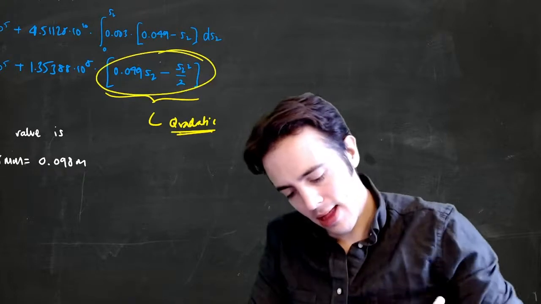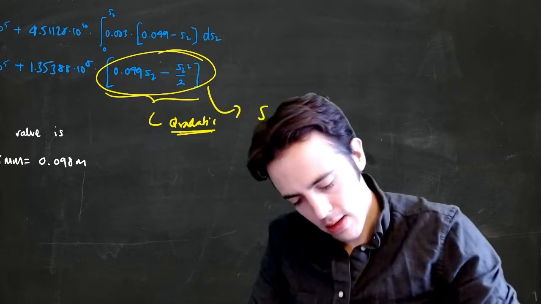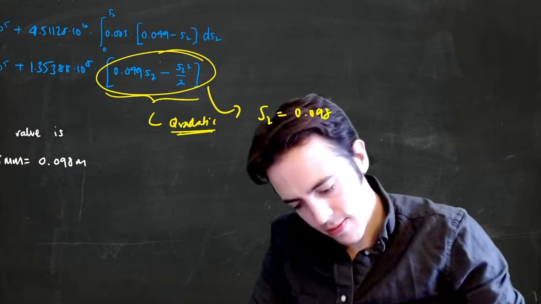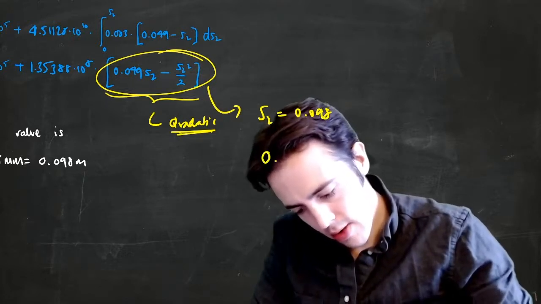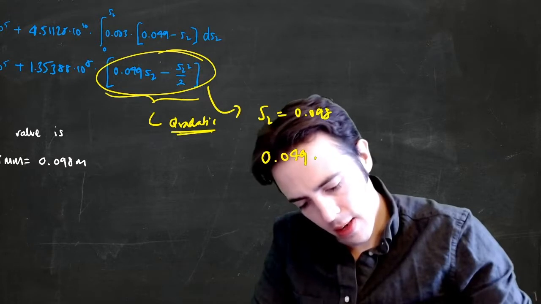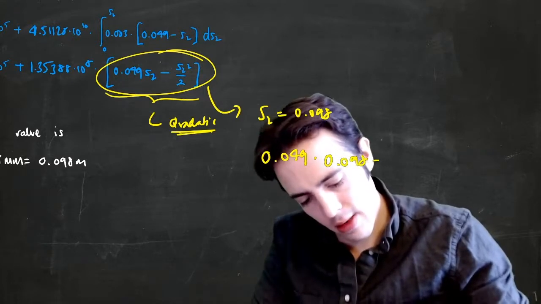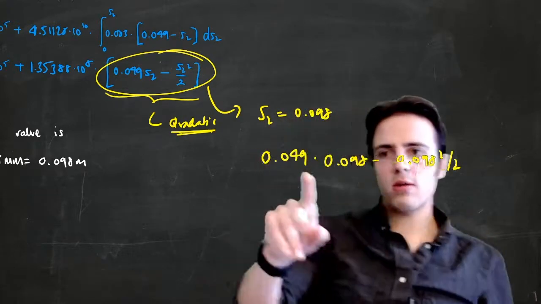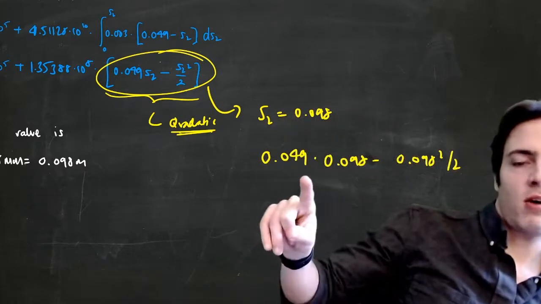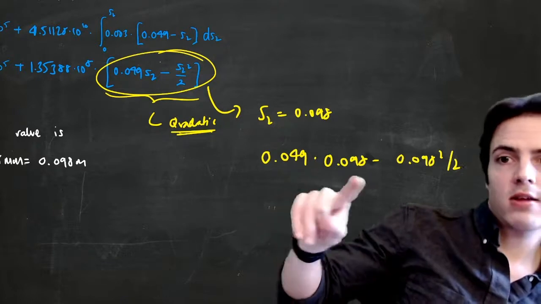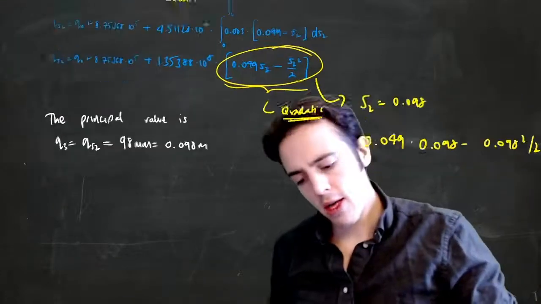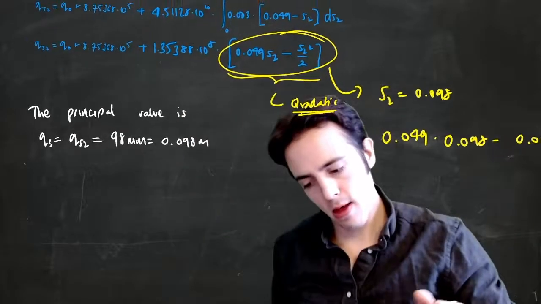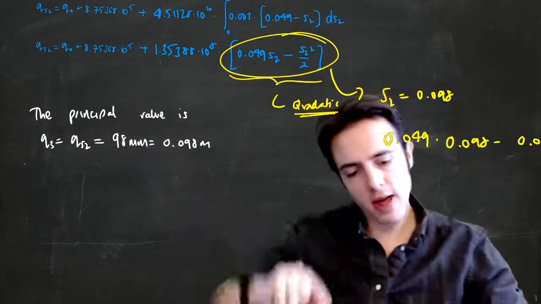So we can see here that when S2 is equal to 0.098, we have 0.049 multiplied by 0.098 minus 0.098 squared on 2. So that is 0.098 on 2 already. So this whole thing is just equal to 0. So our principal value, it just gets rid of all of this stuff here. Okay, get rid of everything beyond the plus sign.